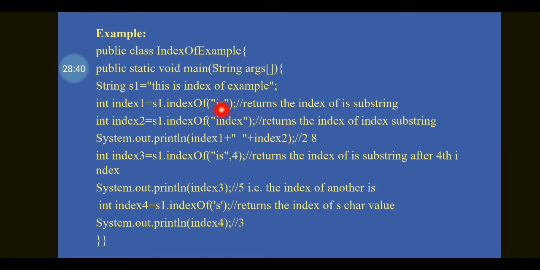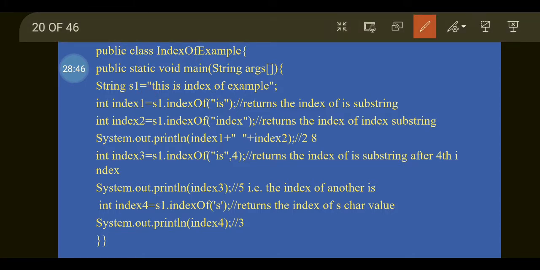Here 2 means that the index of is is 2, because t is stored in position 0 and h is stored in position 1, and i is stored in position 2, so it will return 2 as a result.